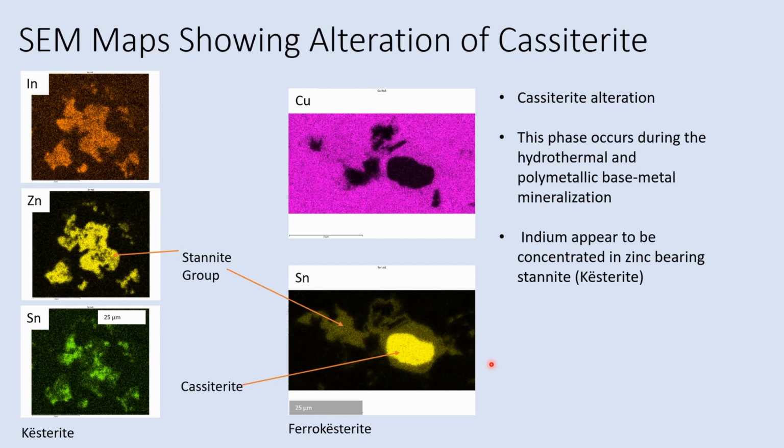One was kesterite, which is a zinc-rich end member, and the other one is ferrokesterite, which is an iron-rich end member. And what we find basically is that the kesterite tends to have about 6 to 10 weight percent of indium in it, compared to ferrokesterite, which would have about 1 weight percent of indium in it. And the host minerals, such as the chalcopyrite, can have about 4,000 ppm of indium in it.